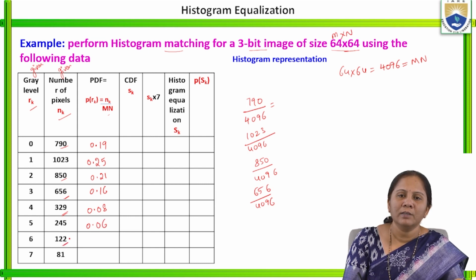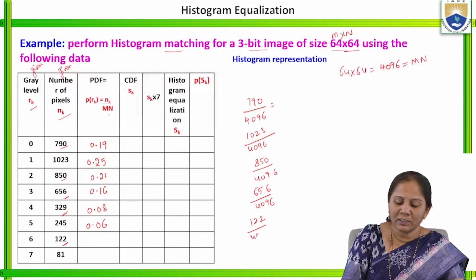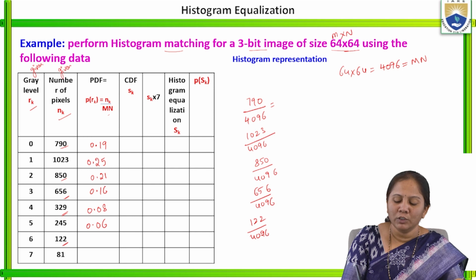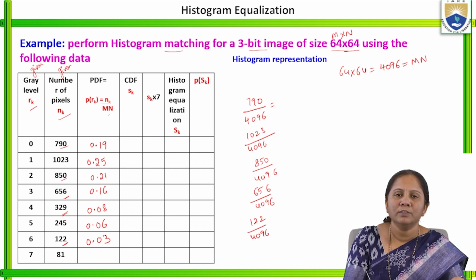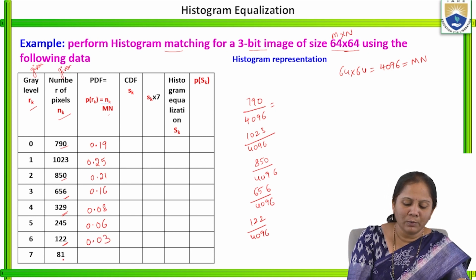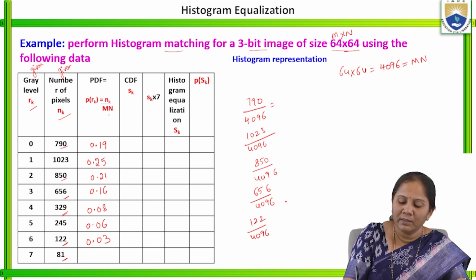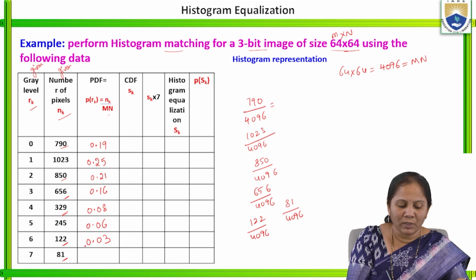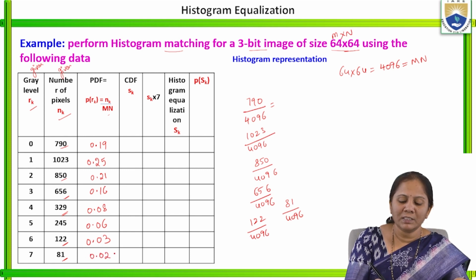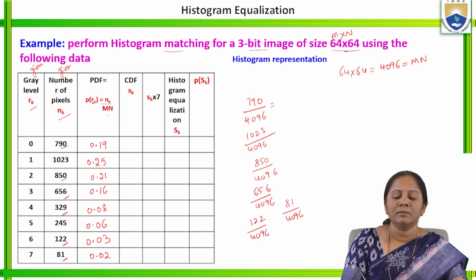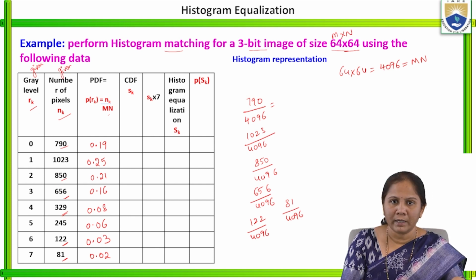The next value is 122 by 4096, so the value of P of Rk will be 0.03. And the last value is 81. 81 by 4096, so the last value is 0.02. Like this we have to calculate P of Rk.